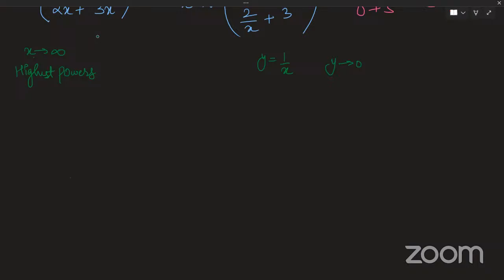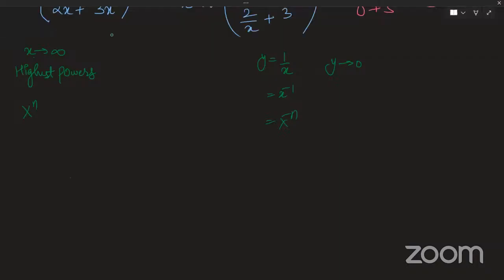So 1 by x is negative power, so it can also be written as x to the power of minus 1. For example, you raise x to n power. That is your maximum power. So here it will be raised to x to the power of minus n, right? All of you agree? It will go to negative powers.